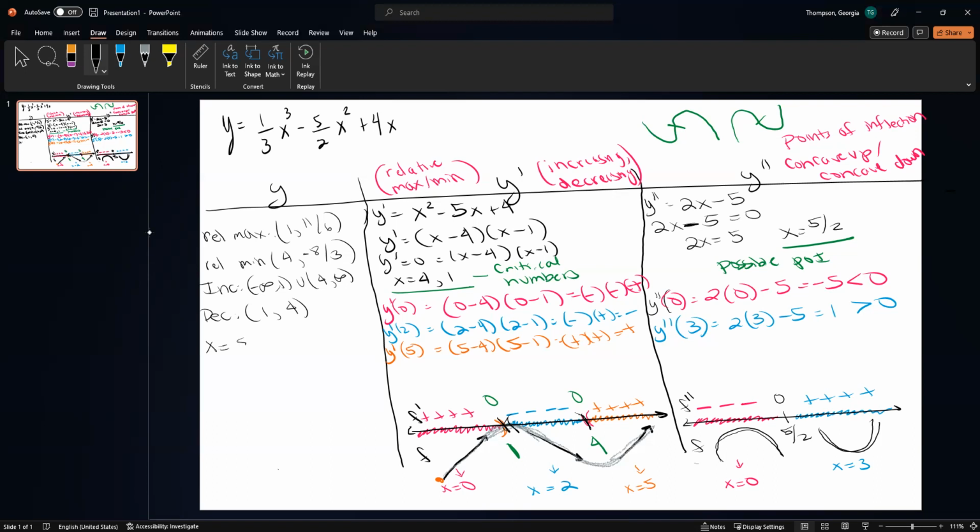So whenever x is 5/2, we just need to plug that into the original to get what the point is. We know the x, but we have to find the y.